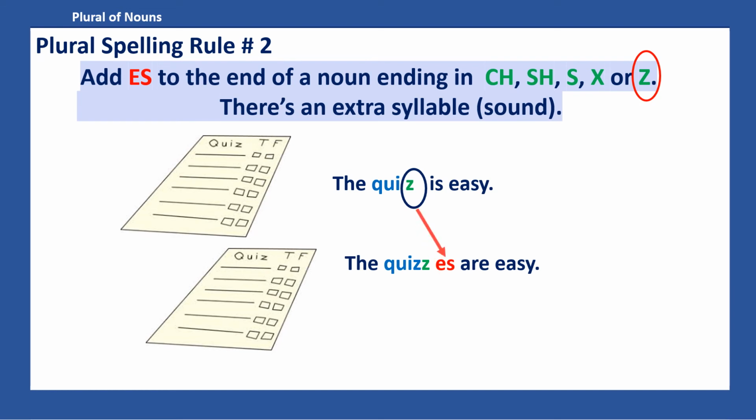Z. So you need to add ES and you add an extra sound. Quiz, one sound or one syllable. Quizzes, two sounds. So listen and repeat. The quiz is easy. The quizzes are easy.